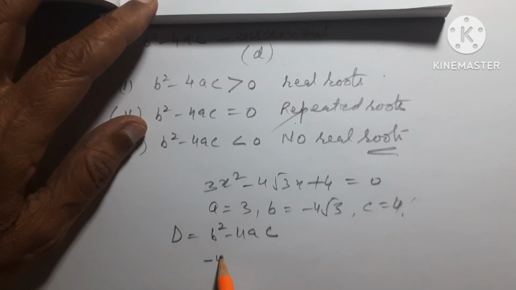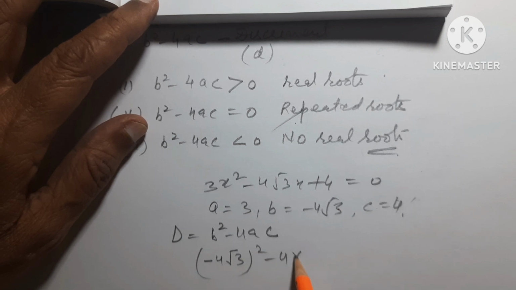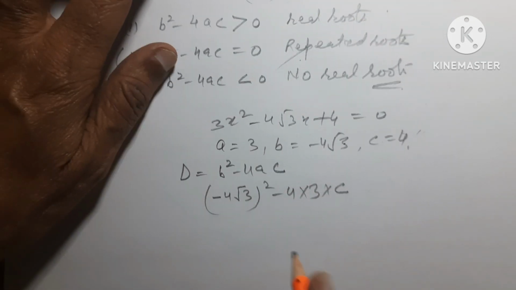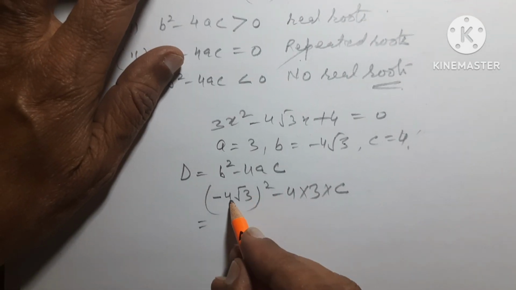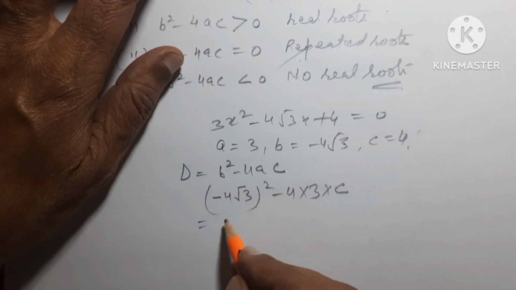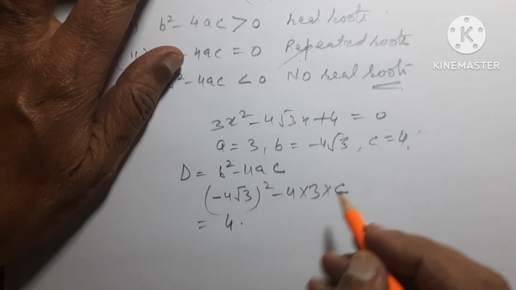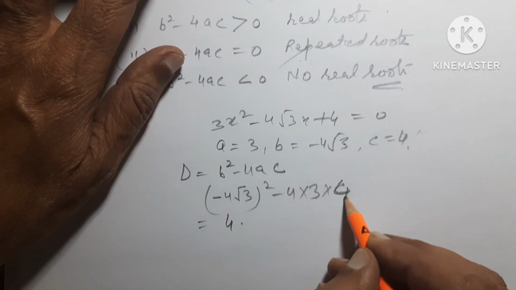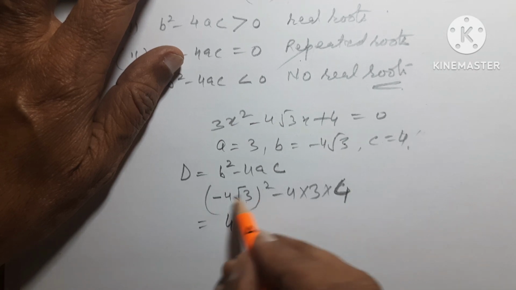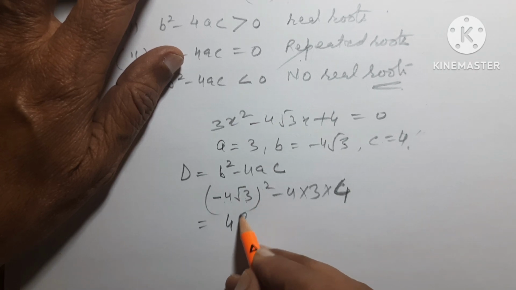B square is minus 4 under root 3 square, minus 4 into a is 3 into c is 4. So 16 into 3, 48.